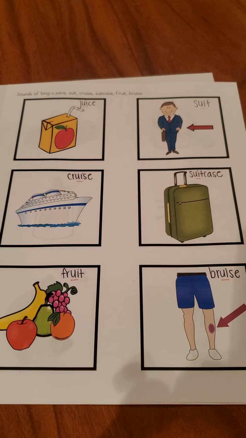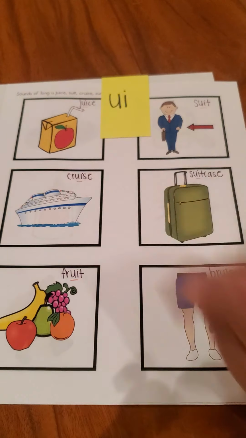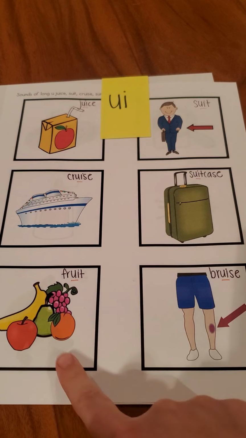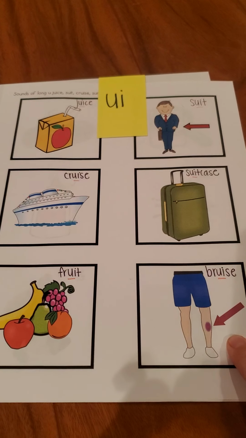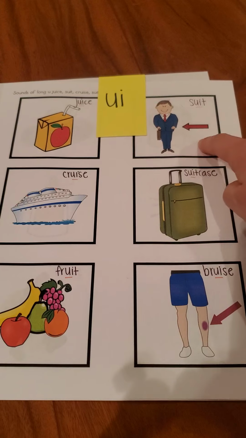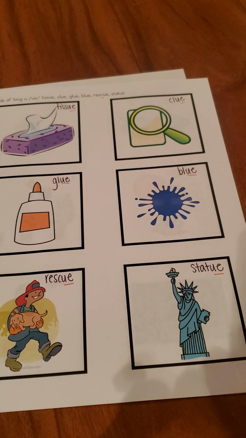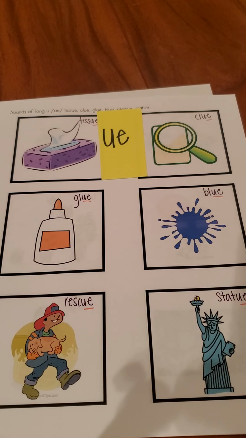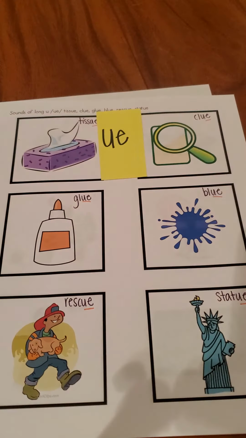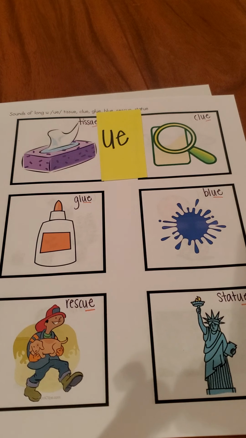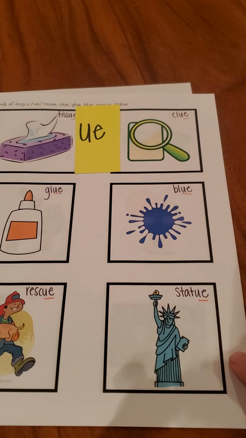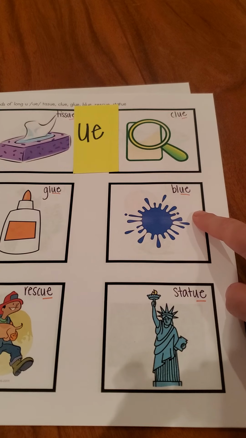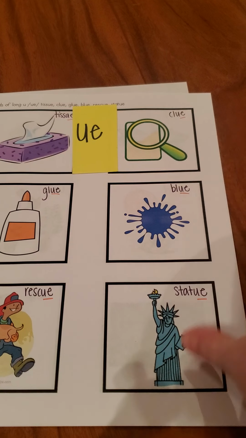If we're thinking in terms of UI, some examples would be juice, cruise, fruit, bruise, suitcase, and suit. With UE says oo, some examples would be tissue, glue, rescue, statue, blue, clue.